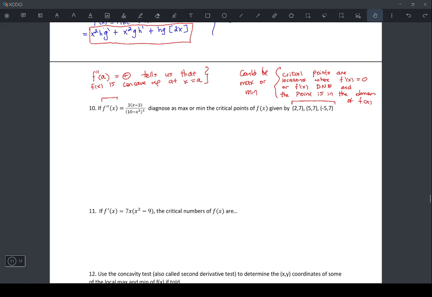Concave up is a bowl facing up, has this shape, and if we have a critical point at a location where the function is concave up, then that critical point is going to correspond to a minimum.